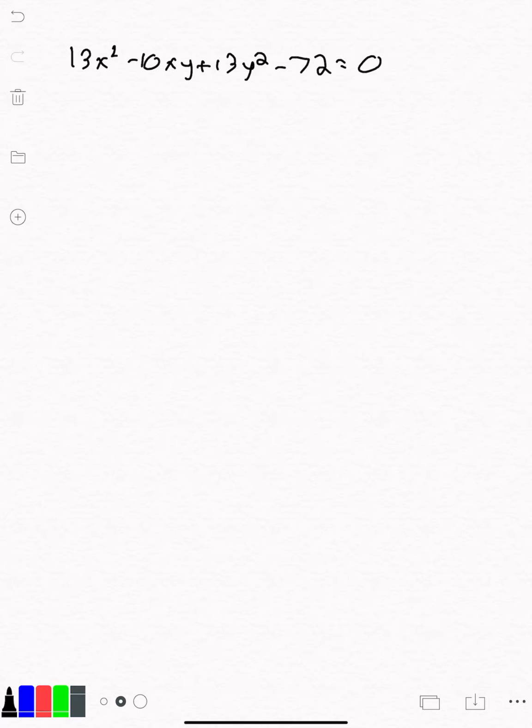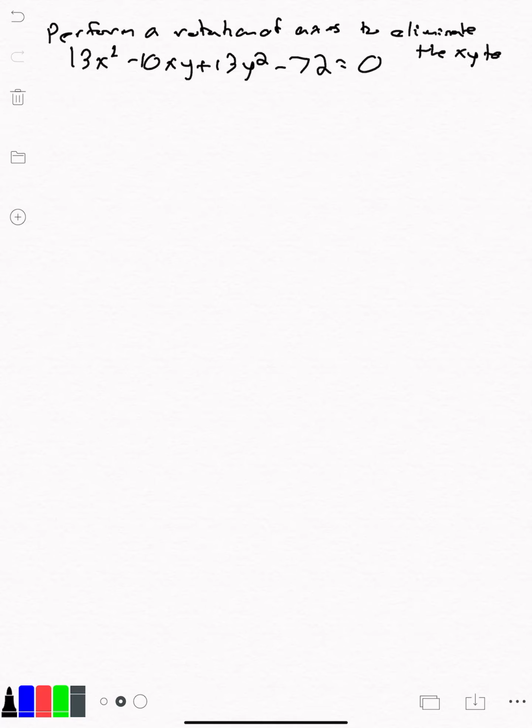Let's start with the following. Let's say 13x squared minus 10xy plus 13y squared minus 72 equals 0. And so the directions would be the following: perform a rotation of axes to eliminate the xy term.